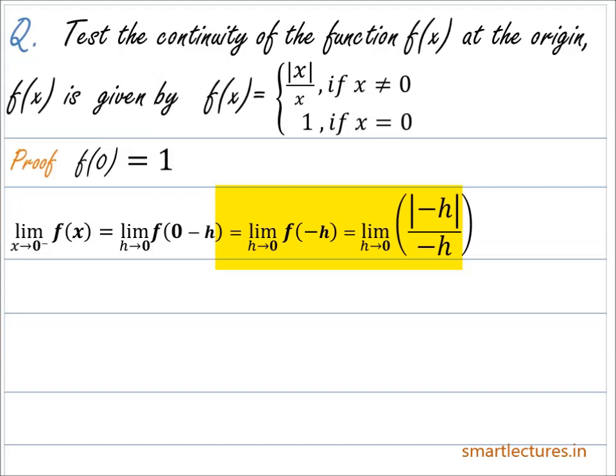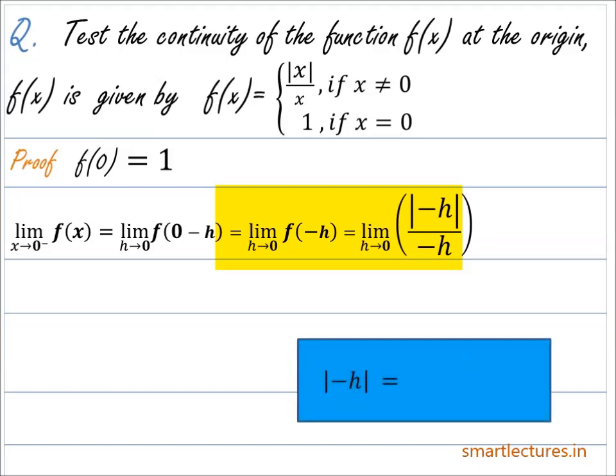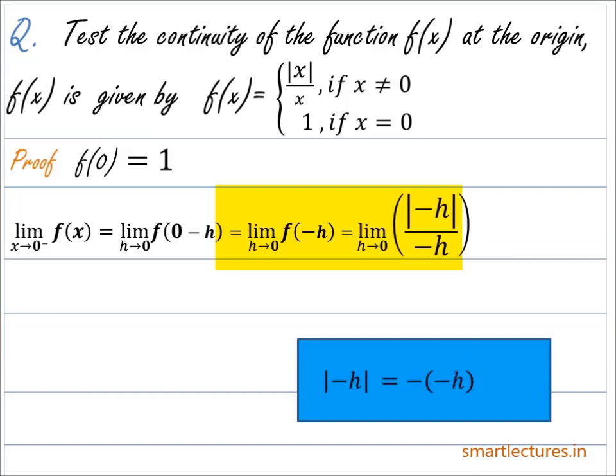And now h is a positive number, so minus h is a negative number. And we know it very well that modulus of a negative number is equal to negative of that number. So that means modulus of minus h is equal to negative of minus h, which is equal to h.